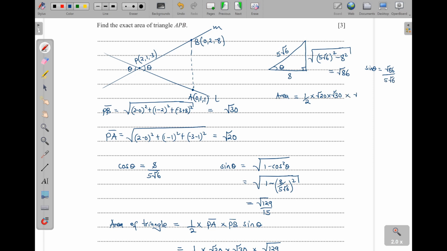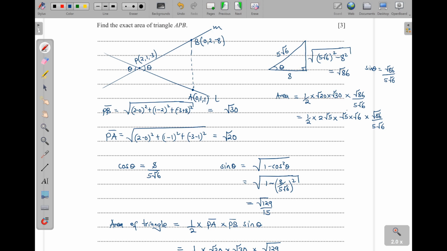So they say root of 86 over 5 root of 6. Okay, and by the way, this one simplified, 20 is the same as 4 times 5, so that is 2 root of 5. And then 30 is 6 times 5, so they can say root of 5 times root of 6. You see that? And then root of 86 over 5 root of 6.